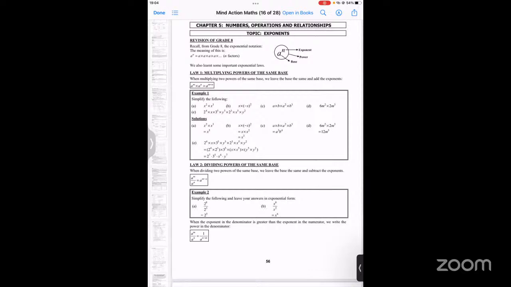And then from there, we will straight away look into dealing with some exercises.